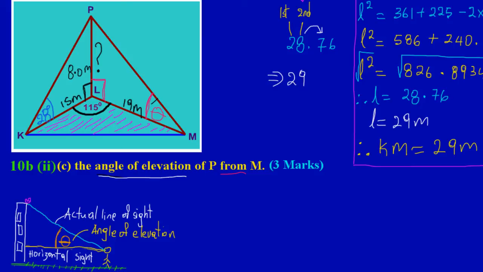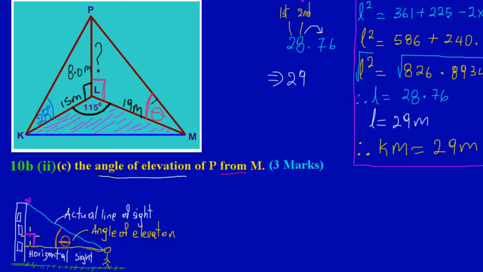Now another important point to note is that where the horizontal line of sight meets the vertical building, if you notice, the building is standing straight, so it's a vertical structure. So where a horizontal line meets a vertical line, we have a right angle being formed. So this is another important point to note, my friends.